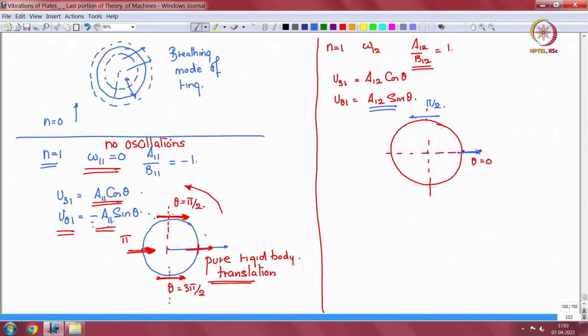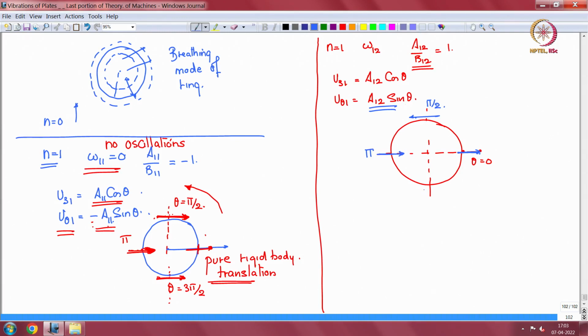At theta equal to pi, I have negative a12 movement, so I have this movement here, and no torsional movement.